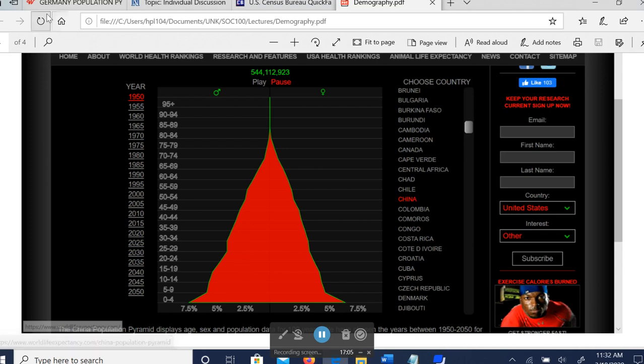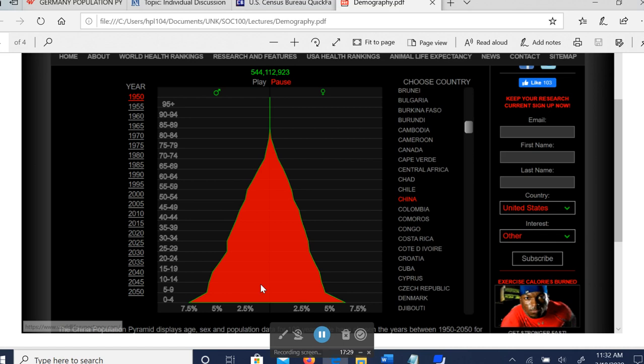And I Googled, I could not find the population pyramid for China before the 50s. So in the 50s, the Chinese population was growing. This could be part of the reason why the one-child policy was implemented in the late 70s until they took it off recently.